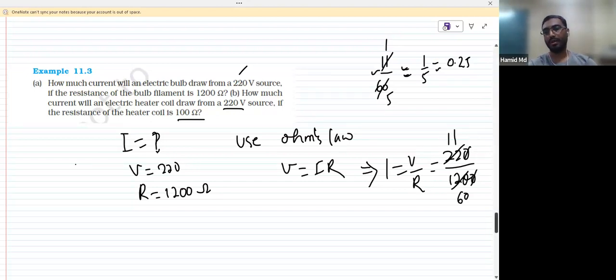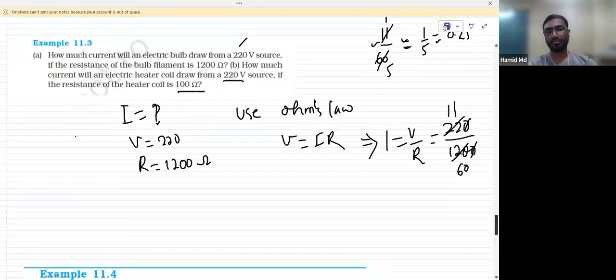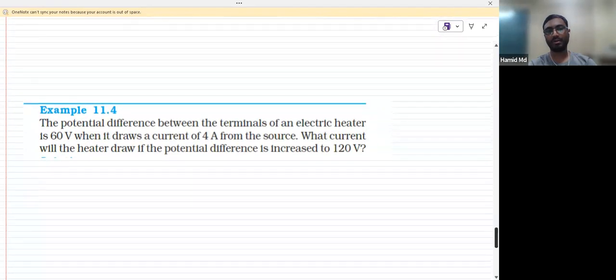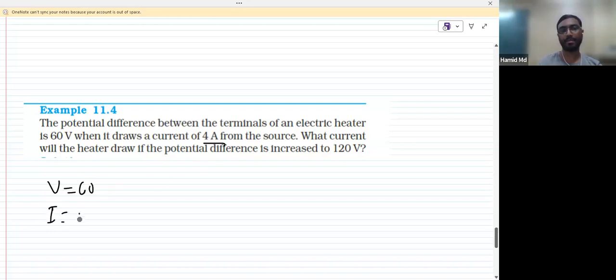Okay, if you have successfully solved this question, then the next question for you is this. The potential difference between the terminals of an electric heater is 60 volts, so V is given as 60. It draws a current of 4 ampere.